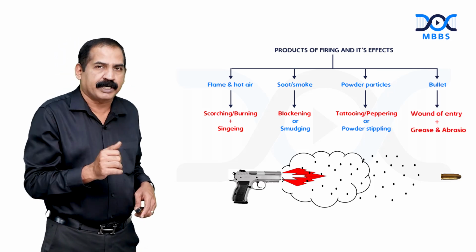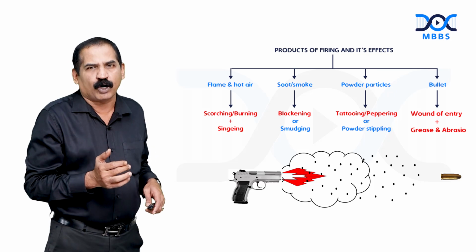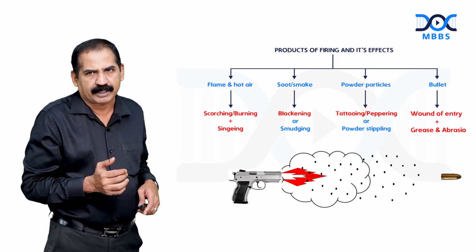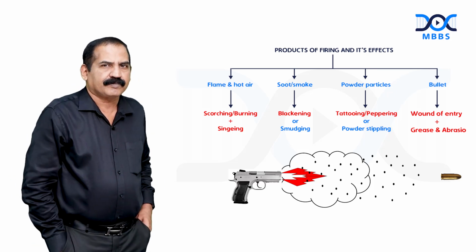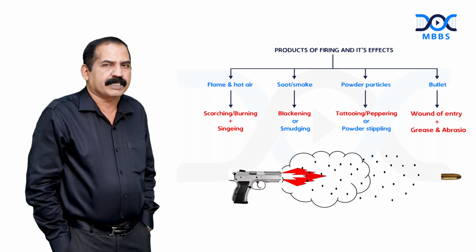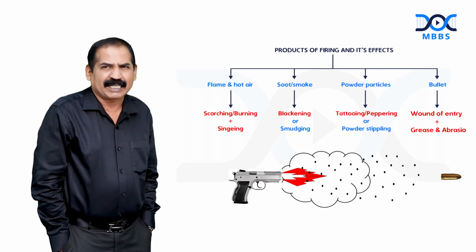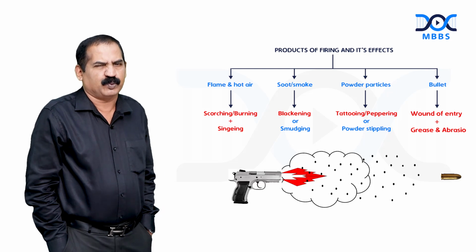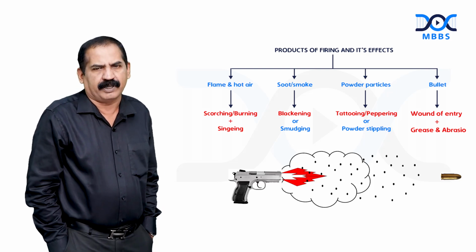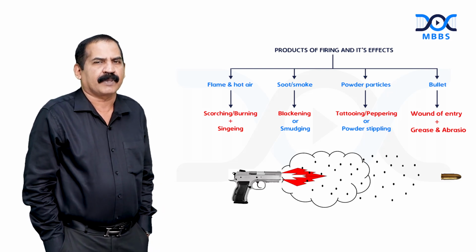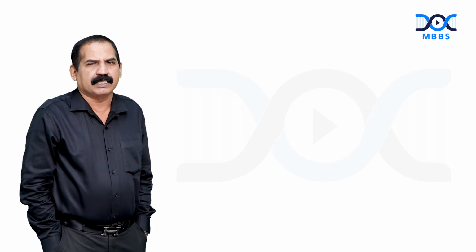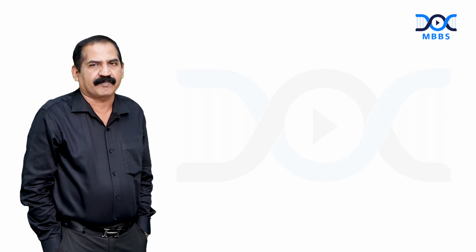Around the wound of entry, there may be a grease collar and abrasion collar. Many times, the grease collar is not so easy to see, but the abrasion collar you can see. This is the basic number one.